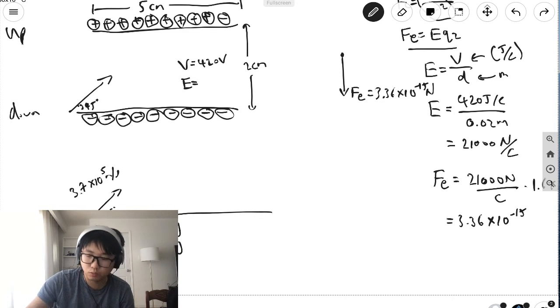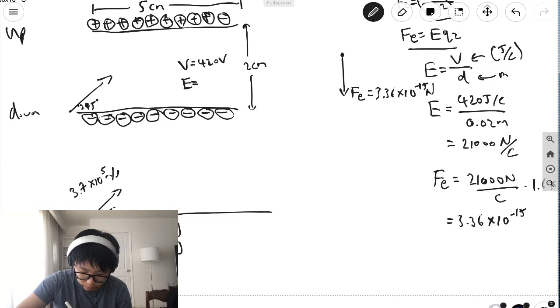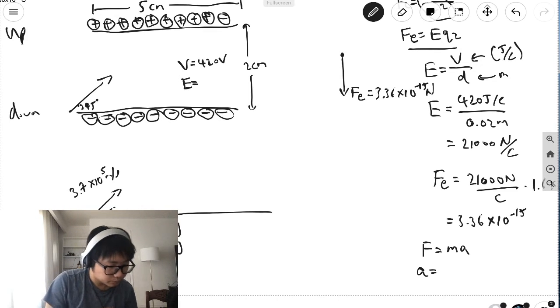Oh, I just wrote ay is 9.81, but I know that's not true. It's actually 3.36 times 10 to the negative 15. Oh no, that's not even acceleration. Whoops, what am I saying? We need to calculate acceleration, right? That's F equals ma. So it's actually the force divided by the mass first.